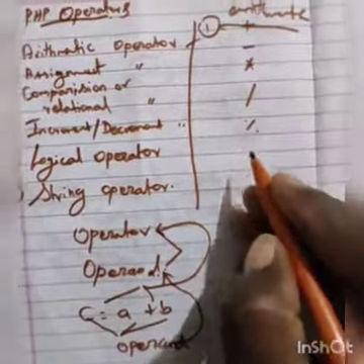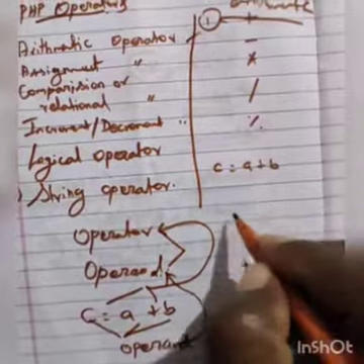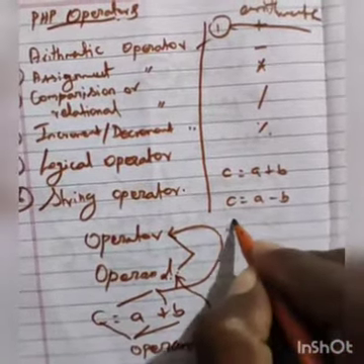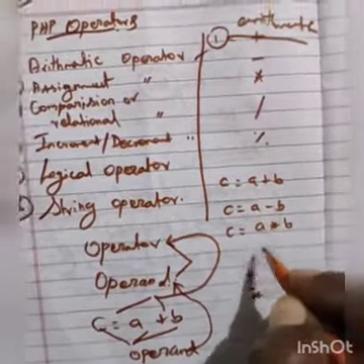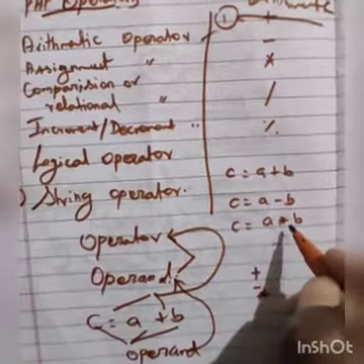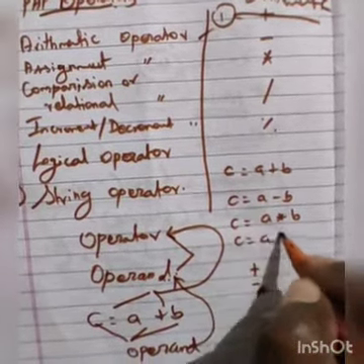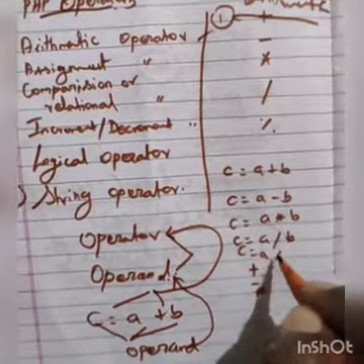For example, C is equal to A plus B, C is equal to A minus B, C is equal to A asterisk B. This is asterisk, not star. Then C is equal to A division B, then C is equal to A modulus of B.